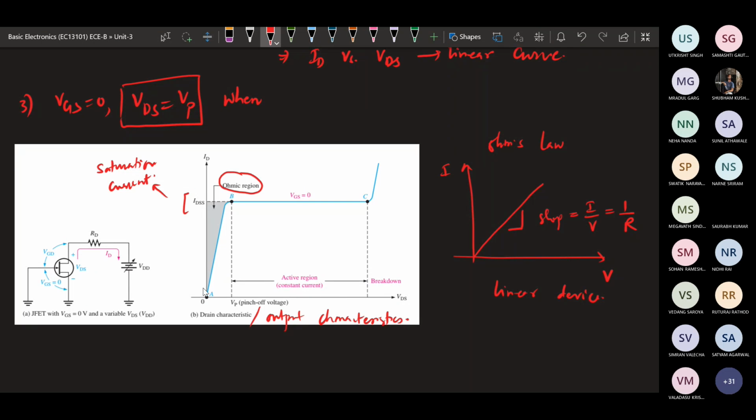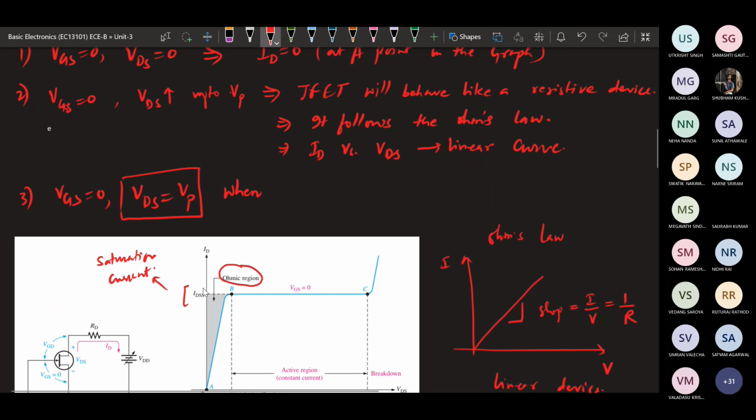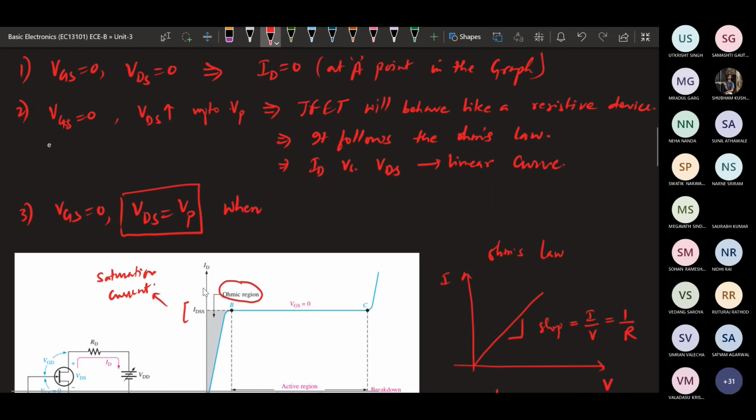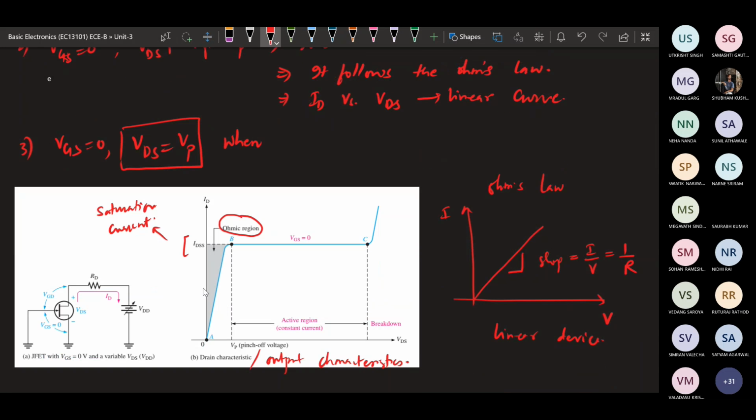Okay, so this will be the minimum current that will be flowing while the pinch off has occurred. And this is the reason beyond this, the operation is called the active region, or the constant current region, or also we call it the saturation region.